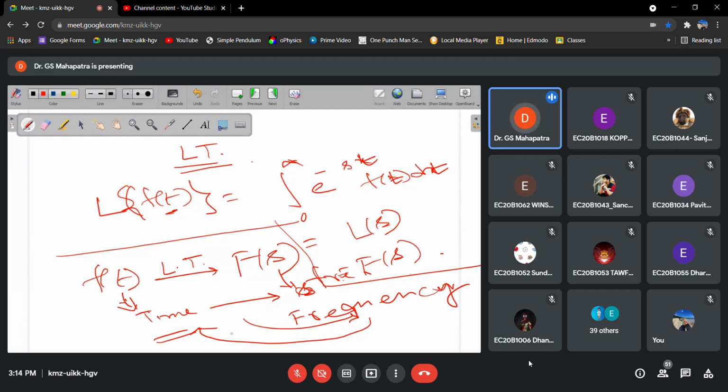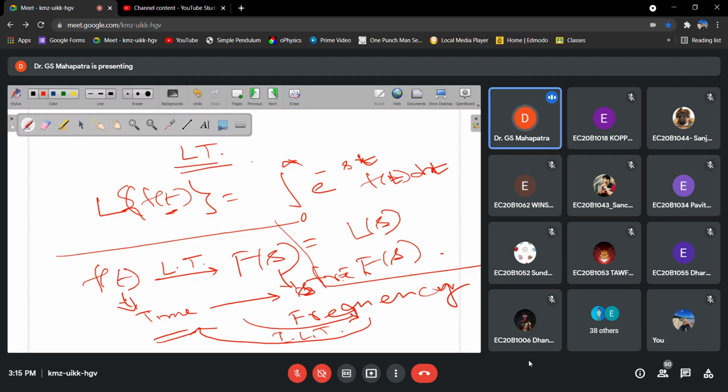From f of t to capital F of s, now what do you have to do to get the original solution in the time domain? You have to take the inverse transform, the inverse Laplace transform, to get the solution in the time domain. The details and definitions we will discuss in the next class.